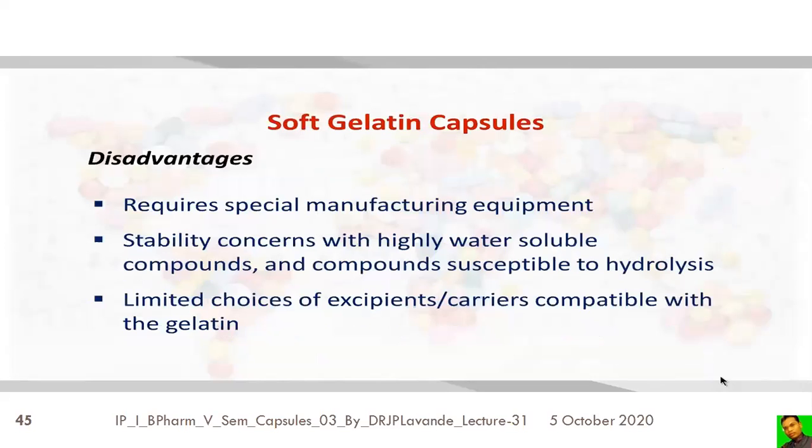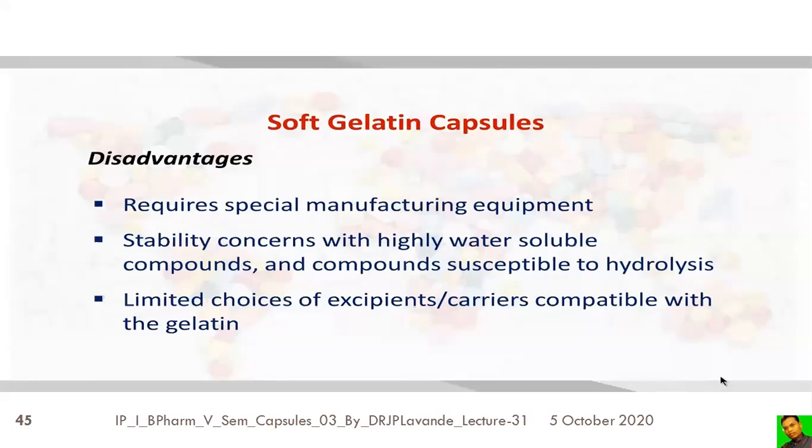There are certain disadvantages. These can be summarized as you can see on the screen. They require special manufacturing equipment, as we require the rotary die press for manufacturing of the soft gelatin capsule, where formation, filling, and sealing occur simultaneously. There are stability concerns with highly water soluble compounds and compounds susceptible to hydrolysis.